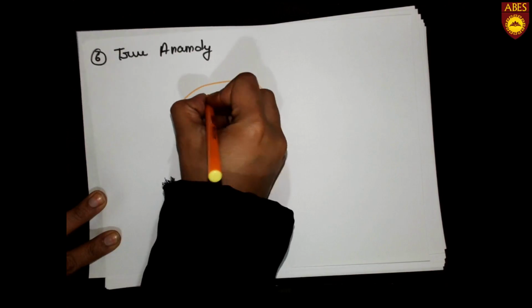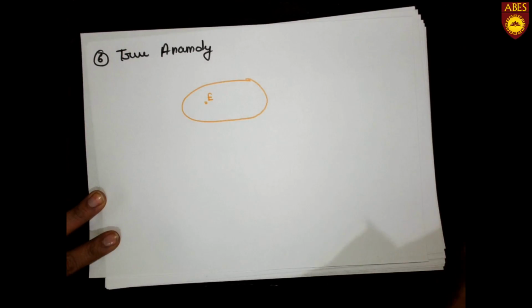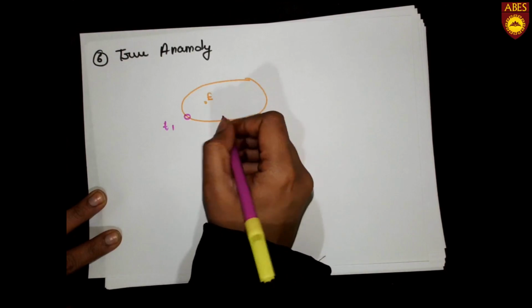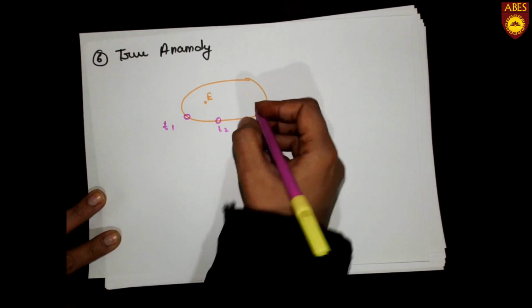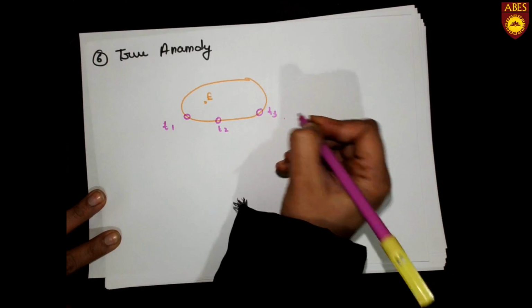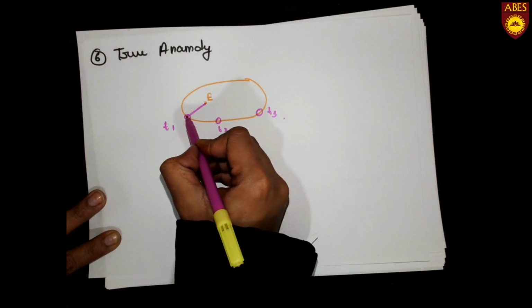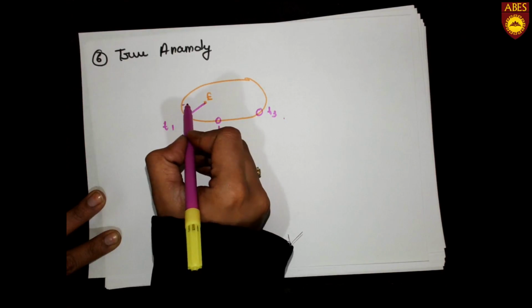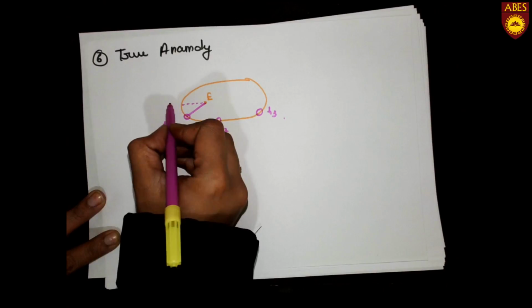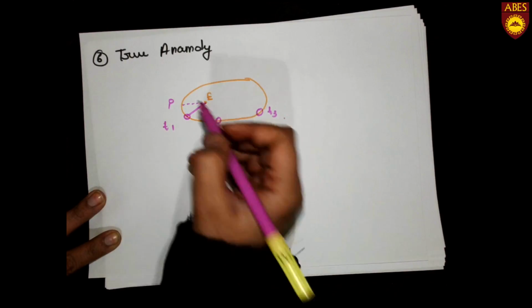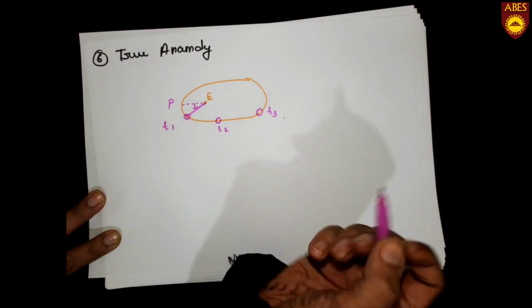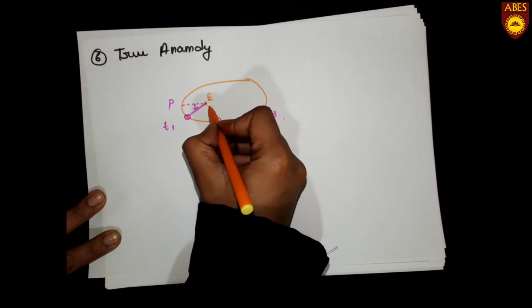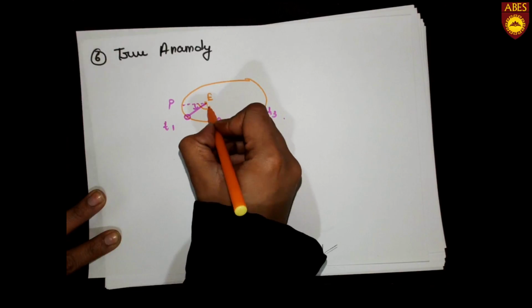Like if the Earth lies here, this is our Earth, and the satellite at time t1 is lying here, satellite at time t2 is lying here, satellite at time t3 is here. So the angle from one point and the line joining the Earth center and the perigee point is said to be the true anomaly. In the second case, at time t2, the angle changes like this.